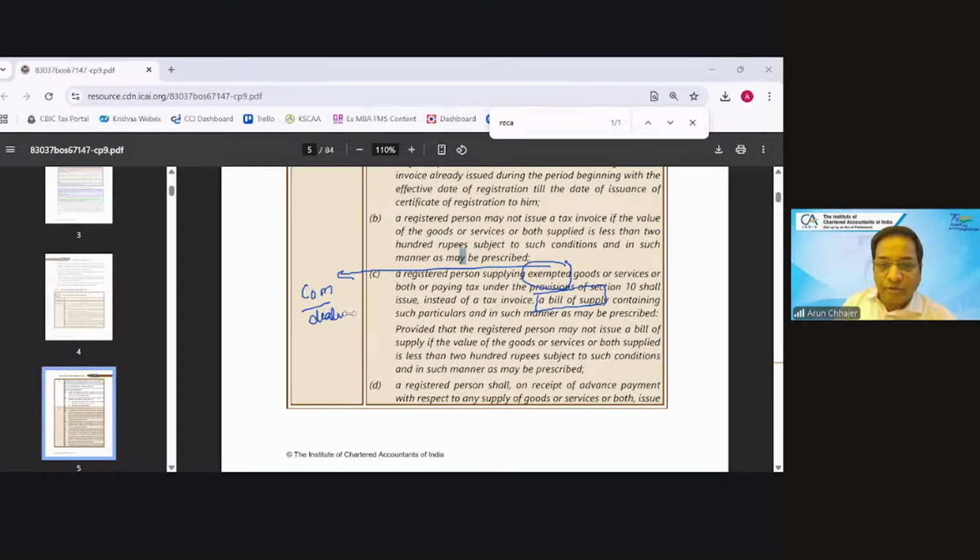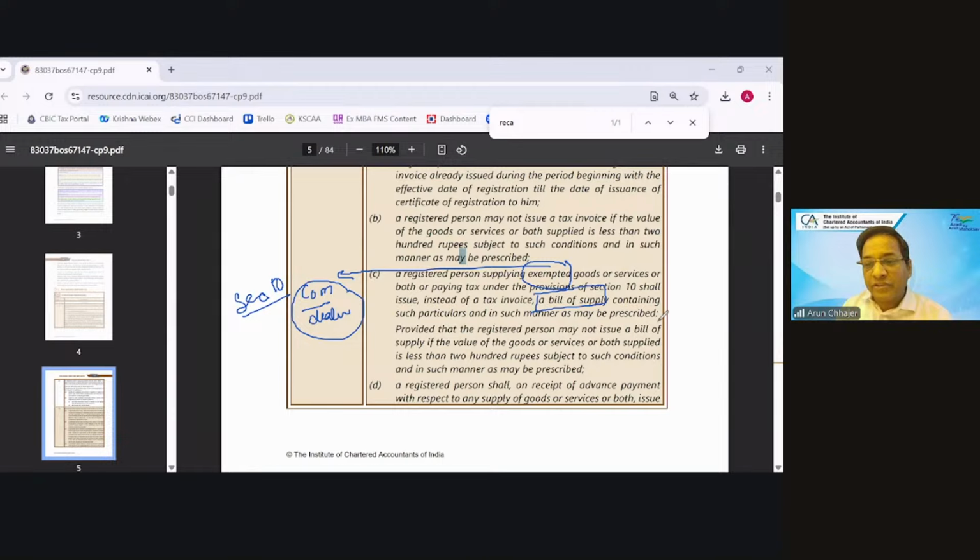If the person is registered in section 10, in that case, he will issue the bill of supply because he cannot collect the tax.